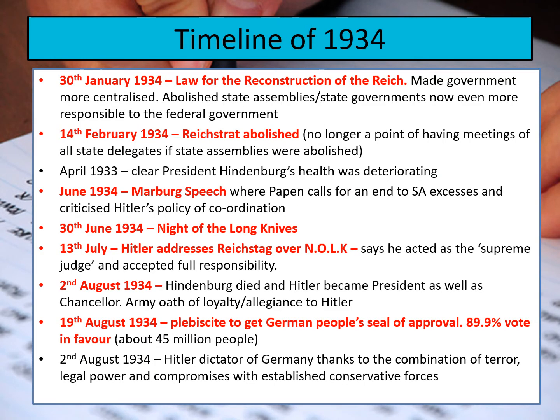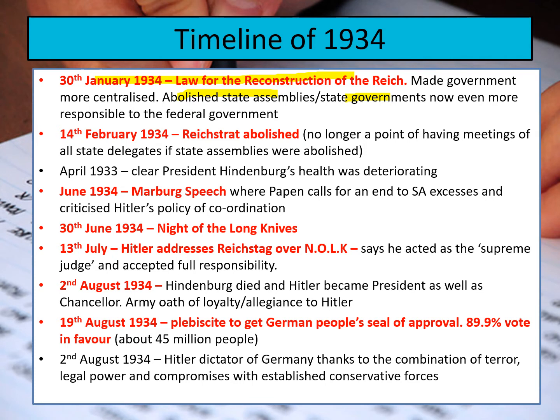Last slide of the timeline, we're now going to think about what Hitler was doing in 1934. So at the start of 1934, he passes the law for the reconstruction of the Reich, which basically makes the government much more centralised. He'd begun that process back in March 1933, but here in 1934, he abolishes the state assemblies and the state governments and makes everything more responsible to the federal government.